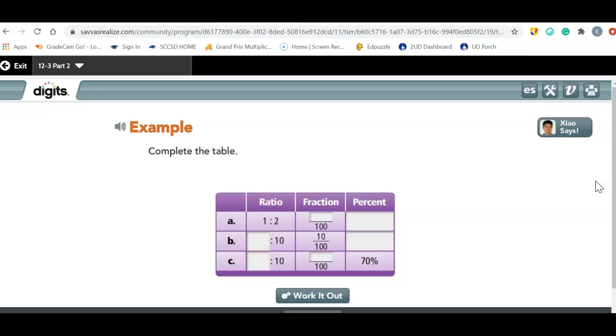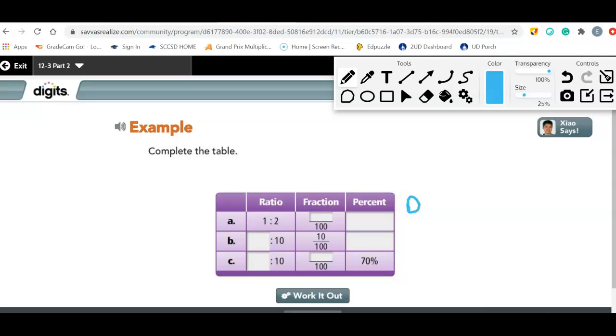So here, I want you to, on the chart in part 2, add decimals. And I want you and your neighbors to go ahead and complete the table.